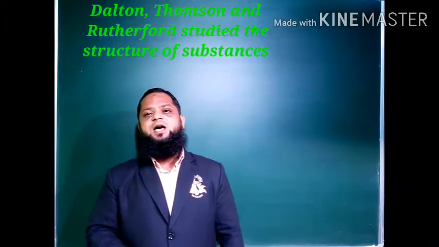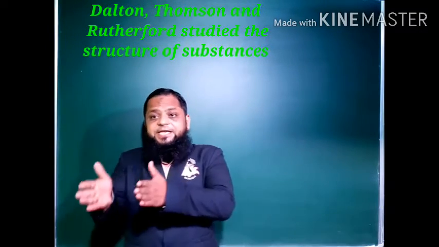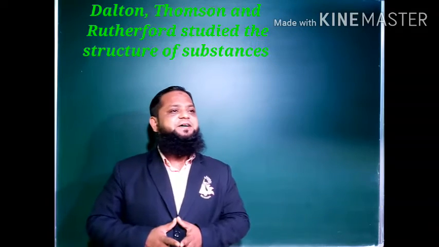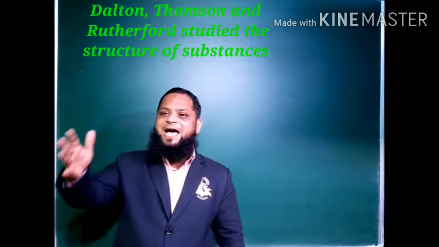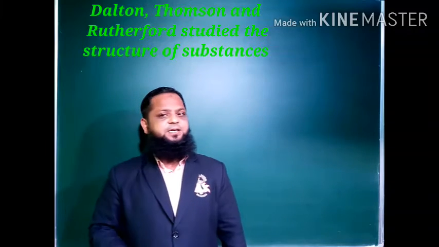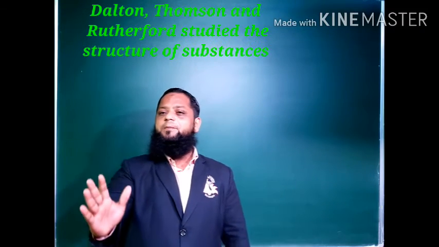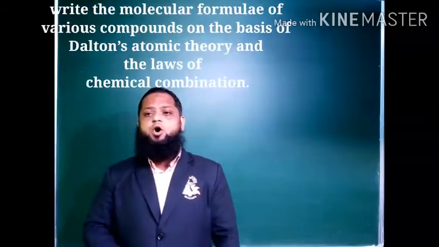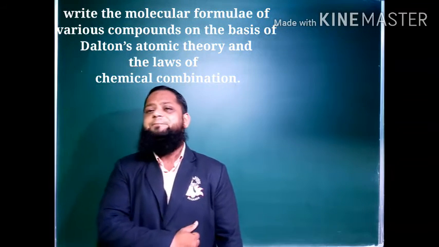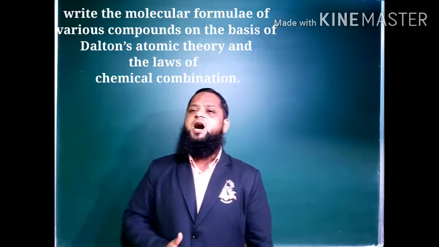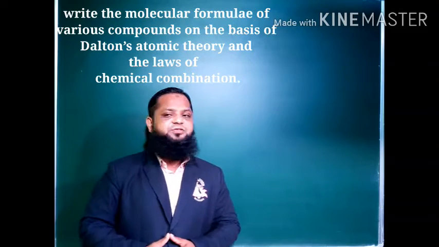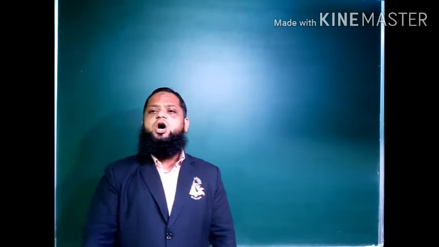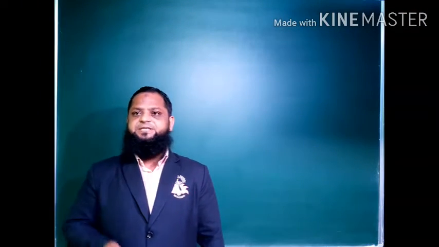The scientists Dalton, Thomson and Rutherford studied the structure of substances and the atoms and discovered the law of chemical combination. Scientists could then write the molecular formula of various compounds on the basis of Dalton's atomic theory and the law of chemical combination. Now let's see this small activity.